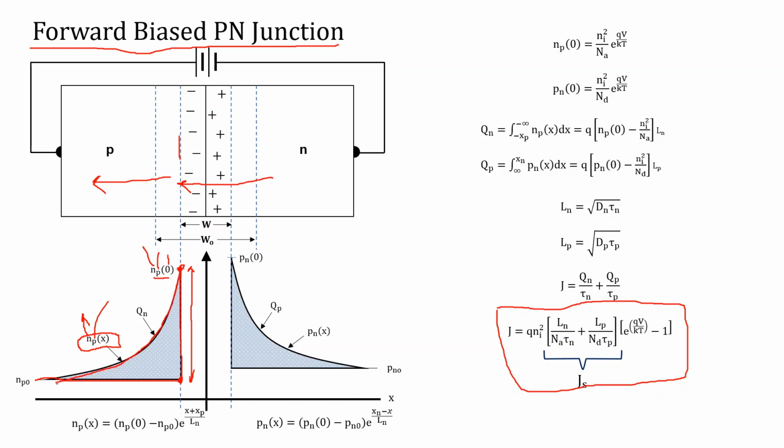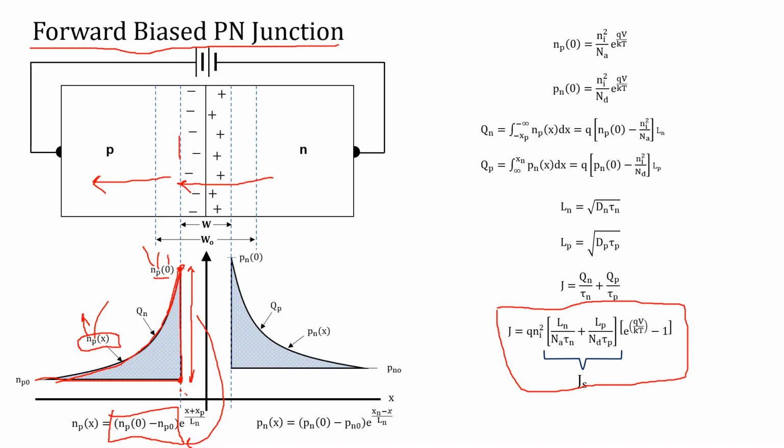Now you can see here that the shape is exponential. So this is the initial density, np naught minus np0, which is this value, multiplied by e to the power x plus xp by Ln. So it is an exponential decay in the densities. Now the value of x here is minus xp.